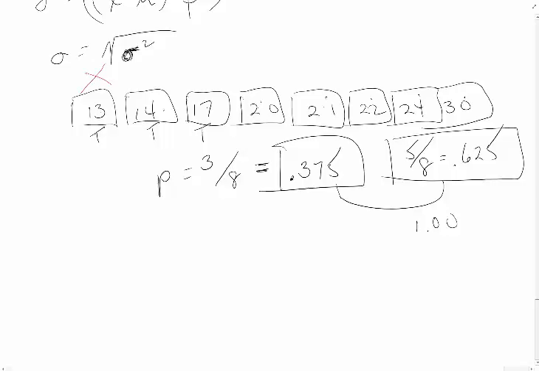No, no, no, no, no, no, no, no. So what percentage of people, or what's the probability of getting someone older than 30? How about 0 out of 8, or 0? Good. So that is answer to 11C.